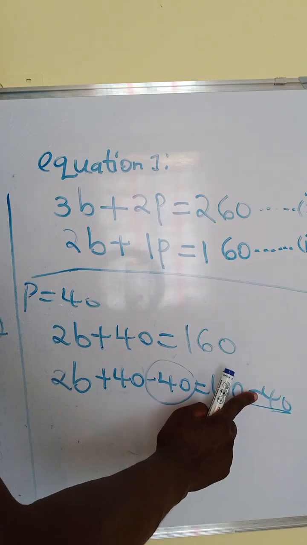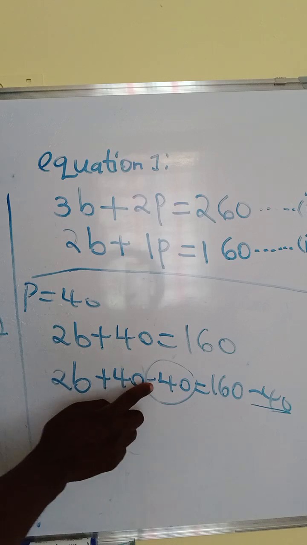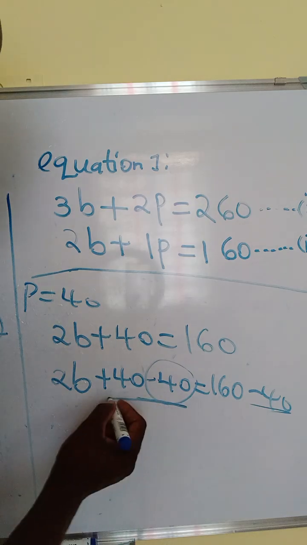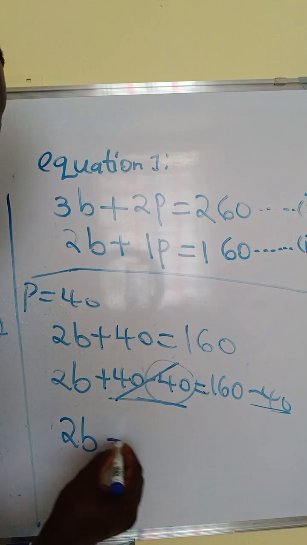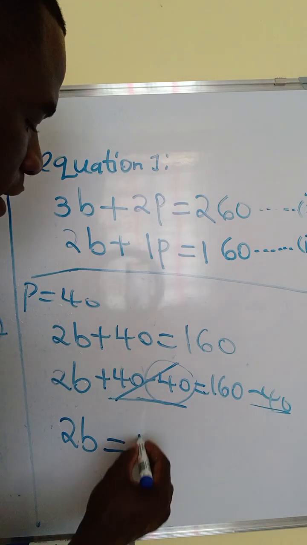That's why you have minus 40 on the other side. So plus 40 minus 40 gives you 0. We are remaining with 2b equals 160 minus 40. 160 minus 40 is 120.